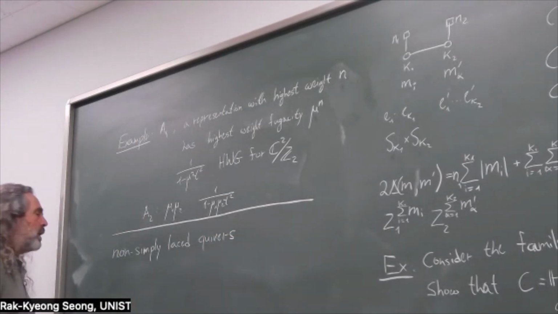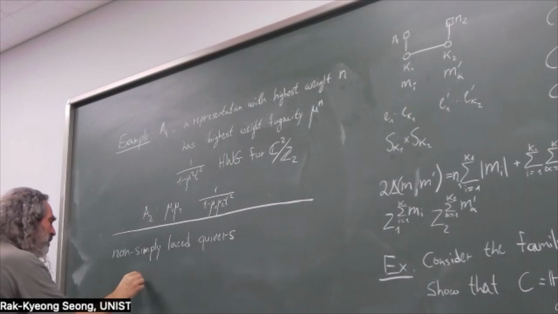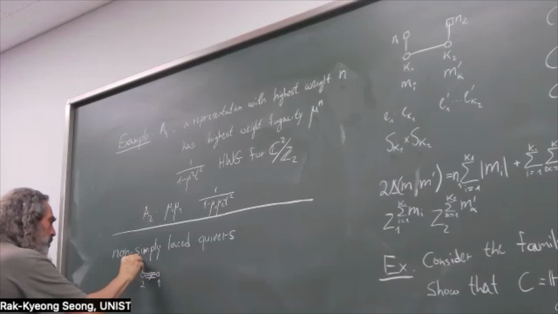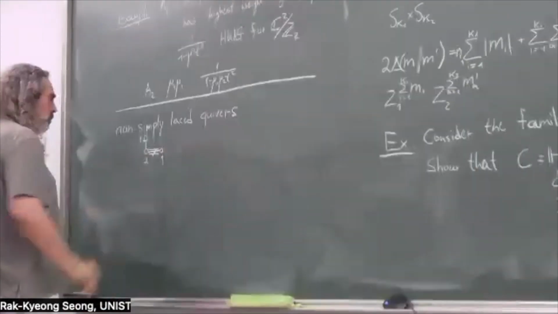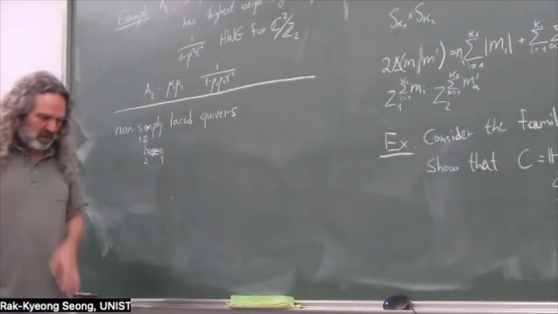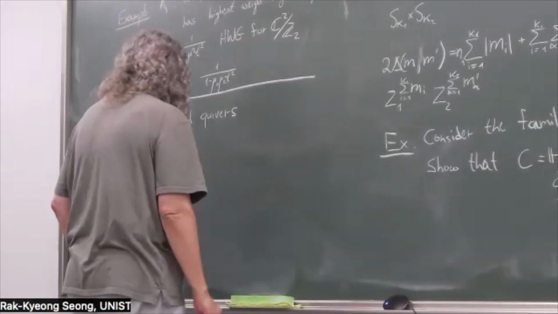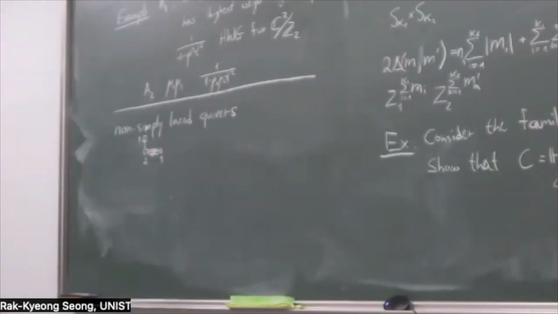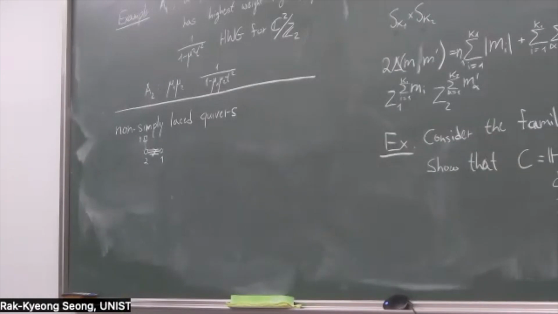Okay, so here's an example of a non-simply laced quiver. Let's take the case of G2. So here's an explicit quiver. This is the affine Dinkin diagram for G2 with Dinkin labels 2 and 1.